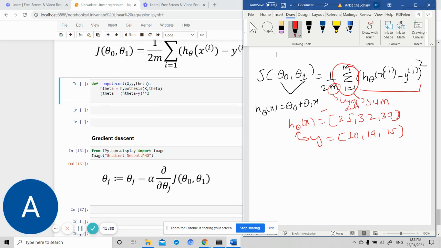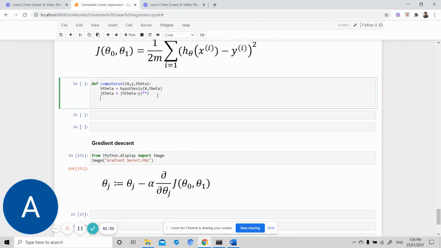So J of theta is the sum divided by 2 times m.